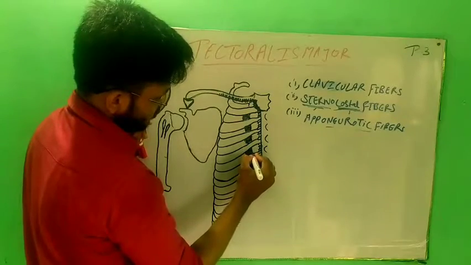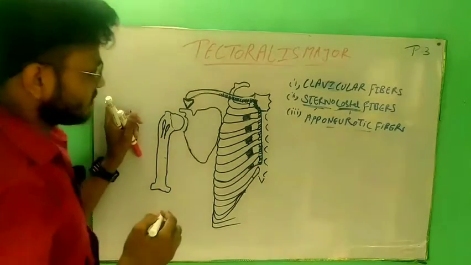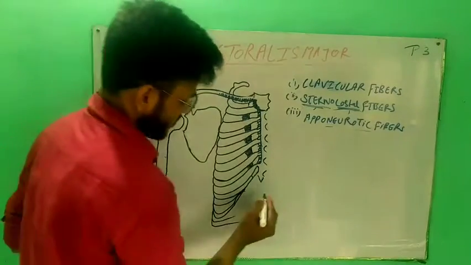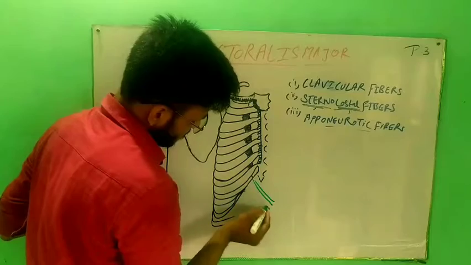These are the origin. And some are aponeurotic fibers. Aponeurotic means flat tendon.